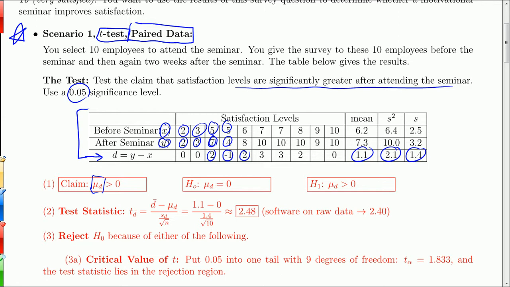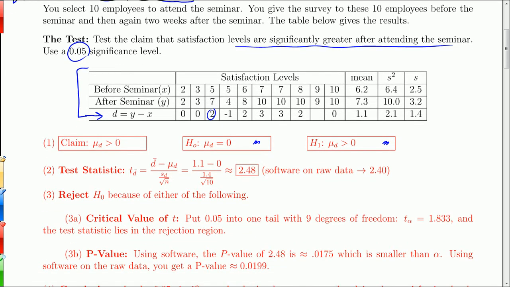Okay, so my claim is that the mean difference for all employees is greater than 0, meaning satisfaction levels have gone up. And the null hypothesis gets the equal to sign, and the alternate hypothesis supports the claim.